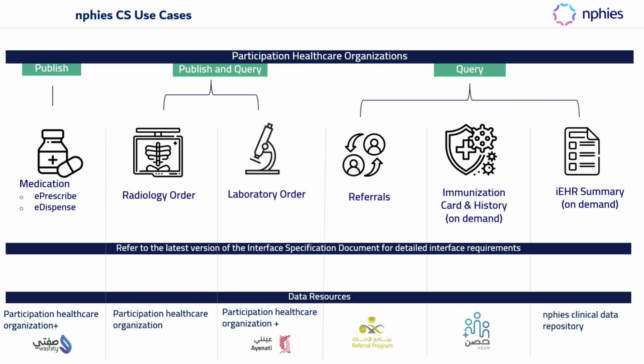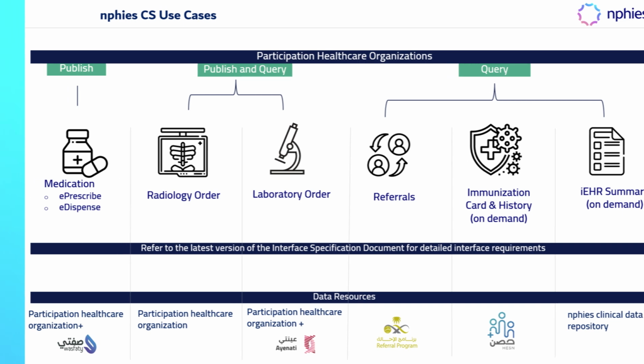Whereas for the radiology order, the data resource is the participant healthcare organization's health information system. Additionally, the external systems referrals and HESN are the data resources for the referrals use case and the immunization card. Ultimately, the Nphies Clinical Data Repository will be the resource for the IEHR summary.